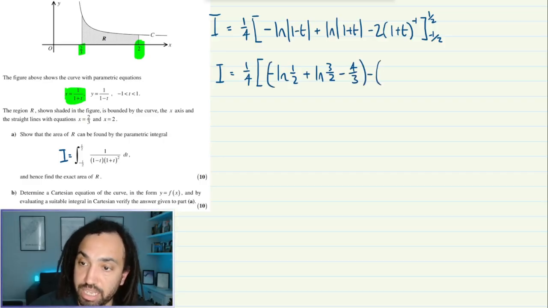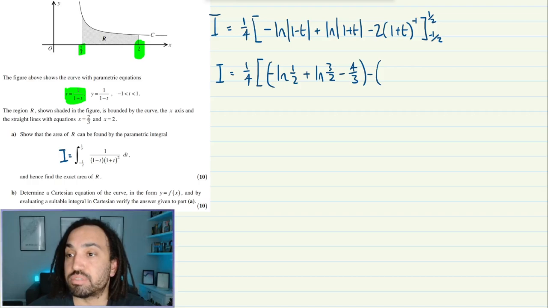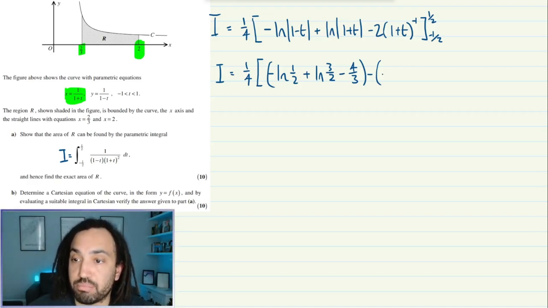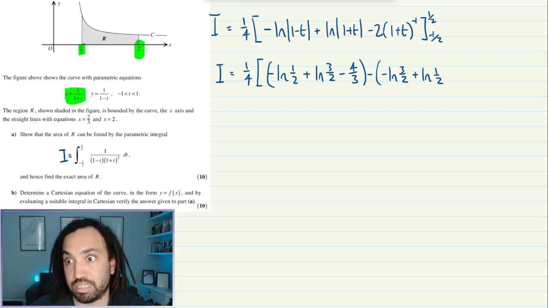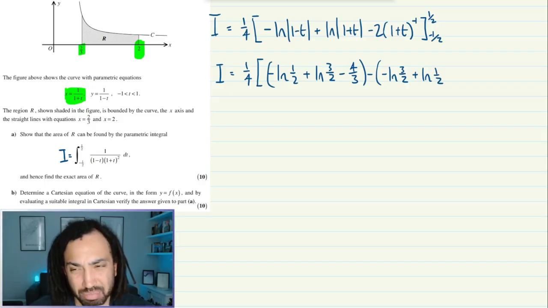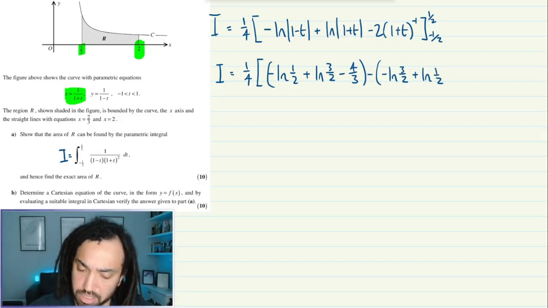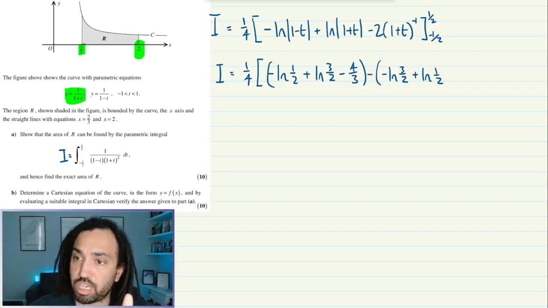Okay, now I'll take away the negative, subbing in negative a half, and that's going to give me minus ln of 3 over 2, and then plus ln of a half, and then that's going to give me a half inside the bracket, flip it over because it's the reciprocal, so 2 times by -2 is -4. Lovely.